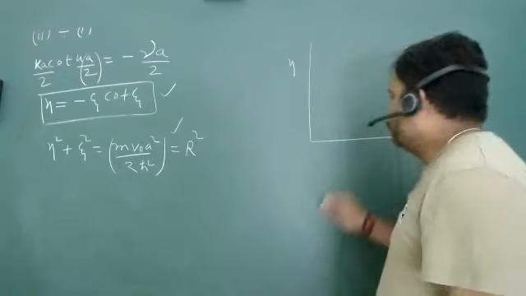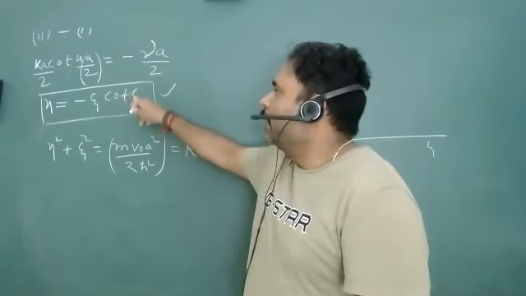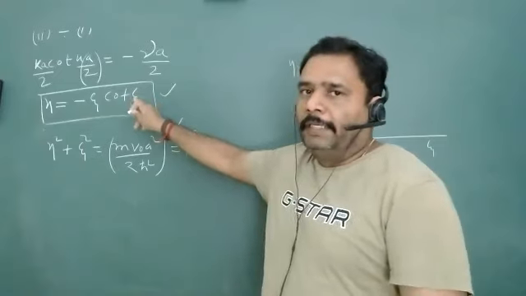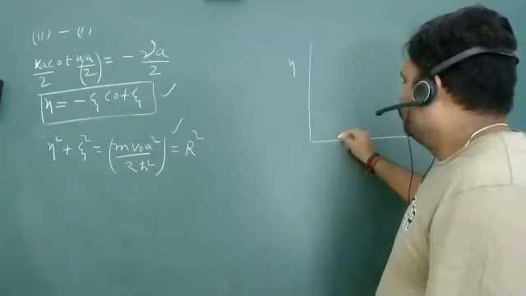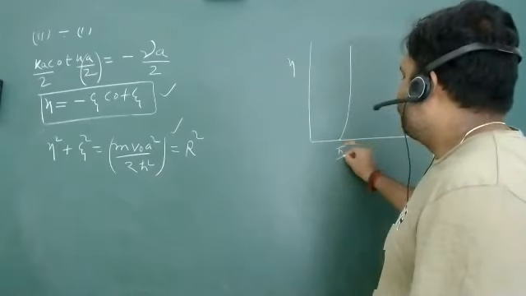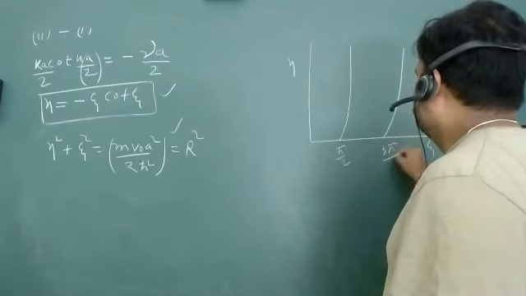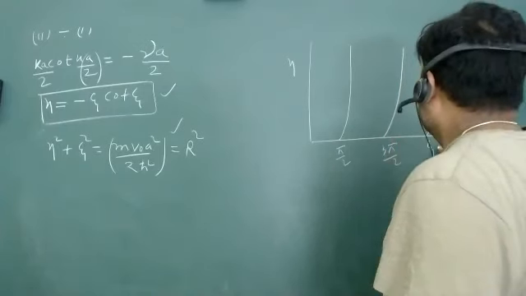So let's go for this. Obviously it will start from where? At pi by 2, it is 0, isn't it? So it will start from pi by 2. Then next is 3 pi by 2. Next is 5 pi by 2.